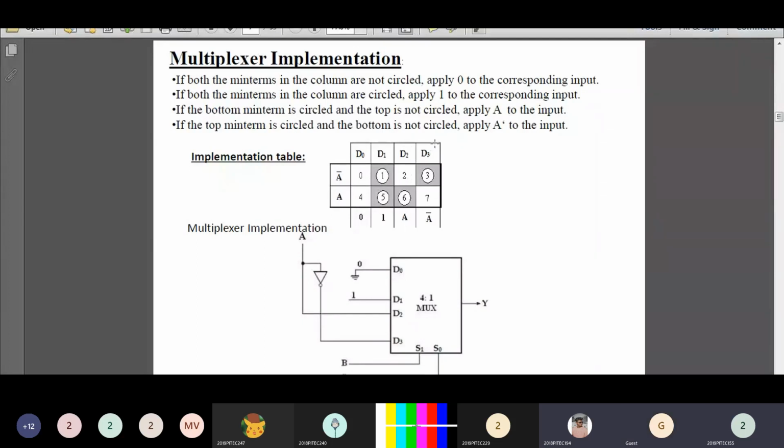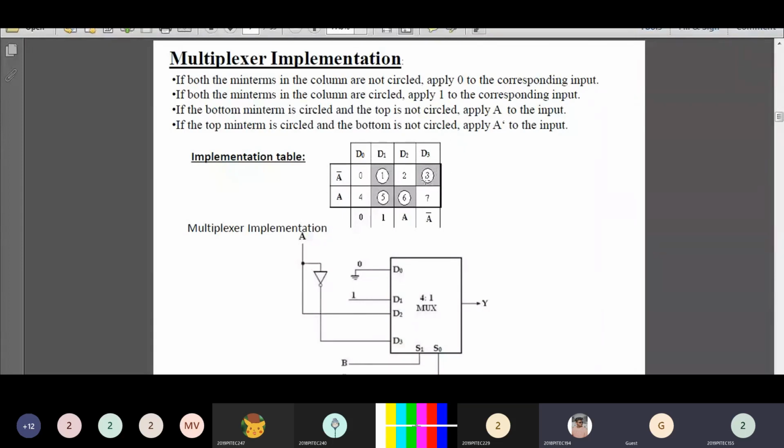Next, move on to the column D3. In this, you will be having two min terms, 3 and 7. The min term 3 is circled and min term 7 is not circled. If both the min terms are circled you put 1. If any one of the min terms is circled, you see the variable which is in the row side.